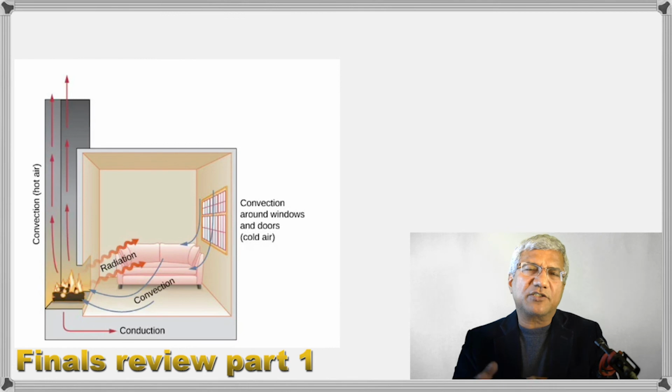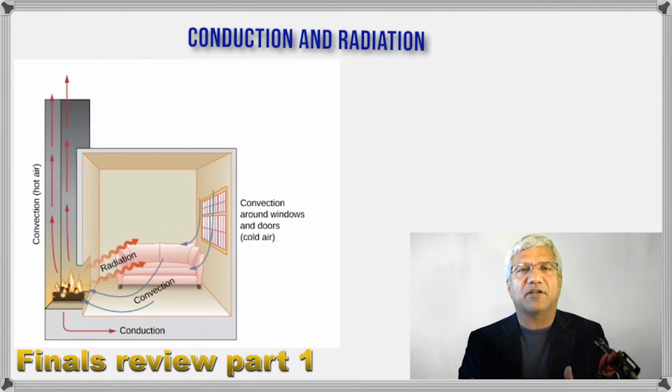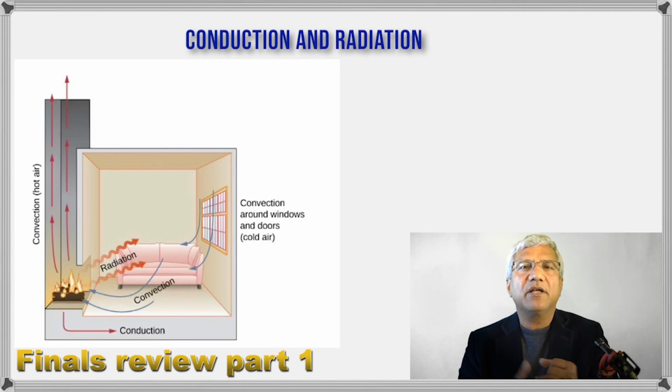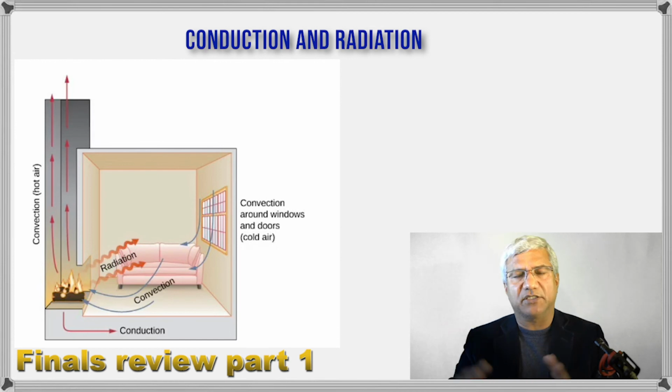All right, in the next section, we'll briefly talk about the three processes of transfer of heat: conduction, convection, and radiation. Conduction takes place in solids. Convection takes place in fluids. Radiation does not require a material medium. So the heat from the sun reaches the earth by radiation because there is miles and miles of space, which means there's no material.